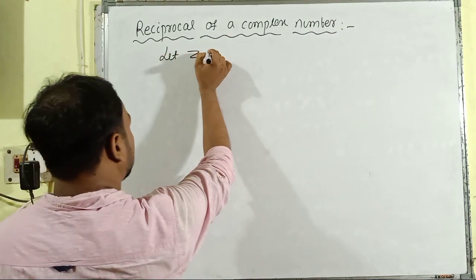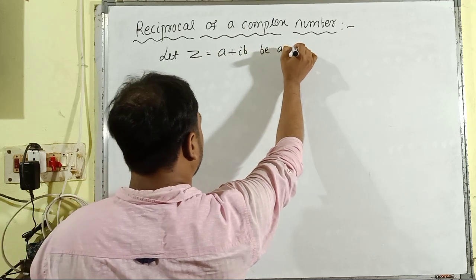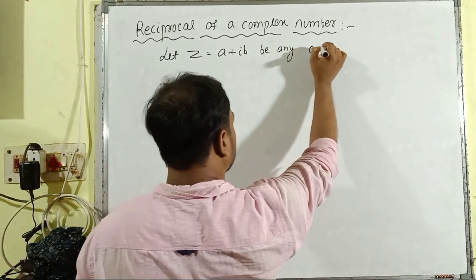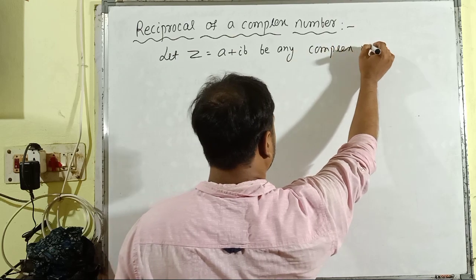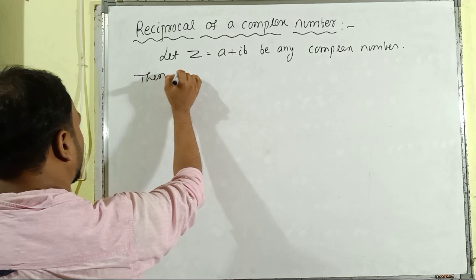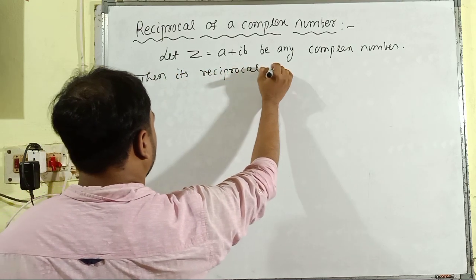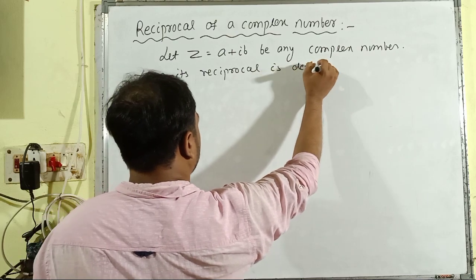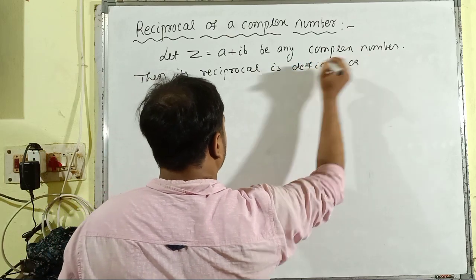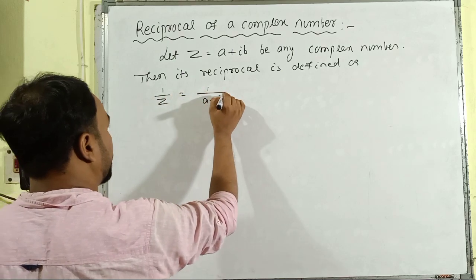Let z is equal to a plus ib be any complex number. Then its reciprocal is defined as 1 upon z is equal to 1 upon a plus ib.